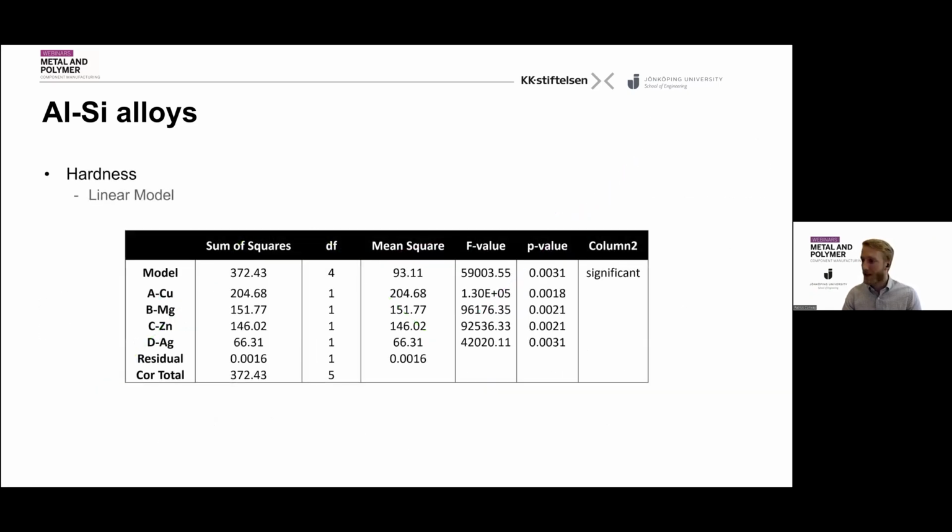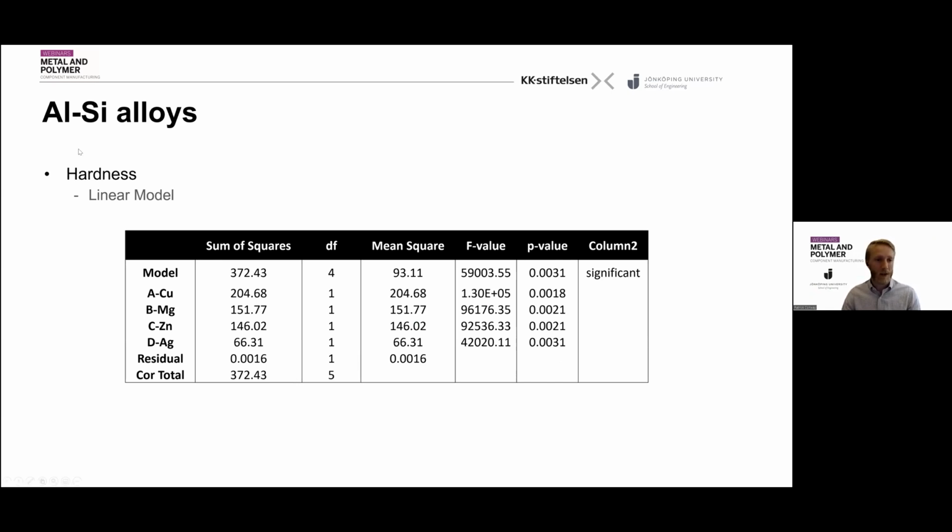But as Jakob was discussing before, we want to actually look into the ANOVA analysis for these alloys so that we can understand the significance of each element and the significance of our model when we're looking at the different properties, the different responses.